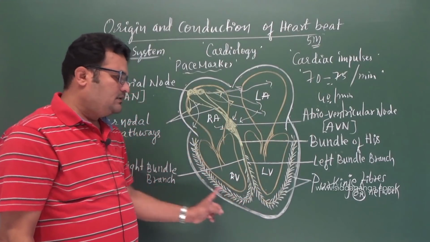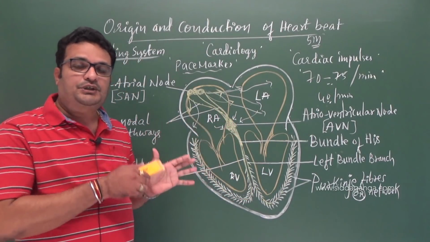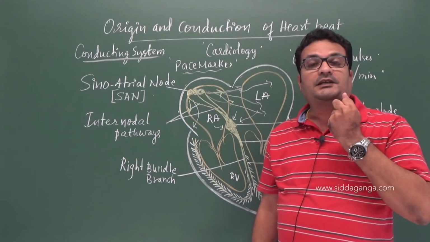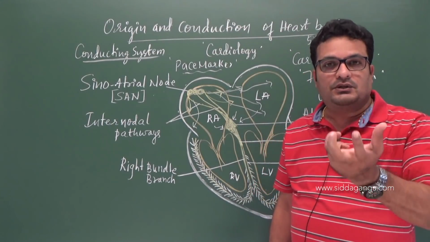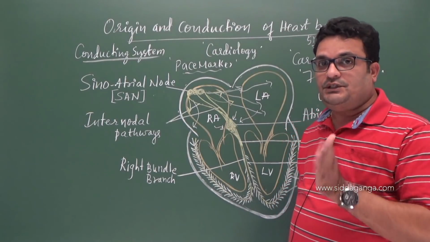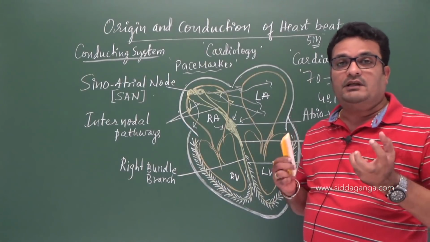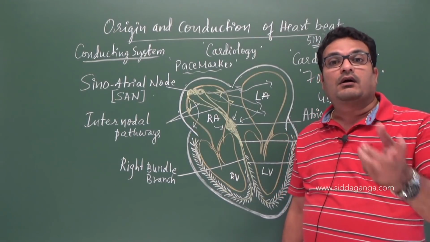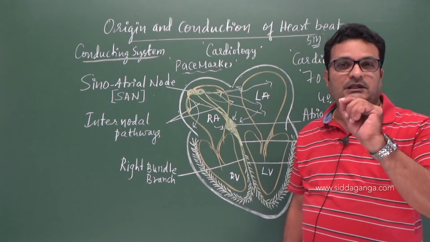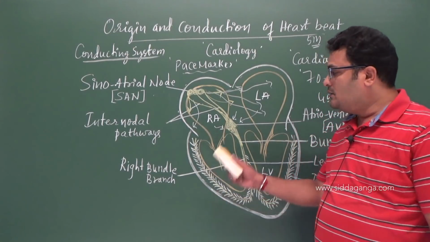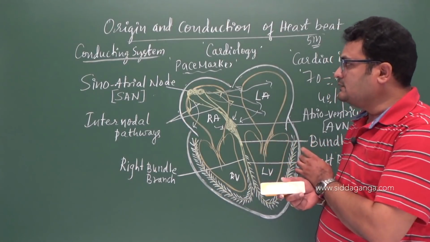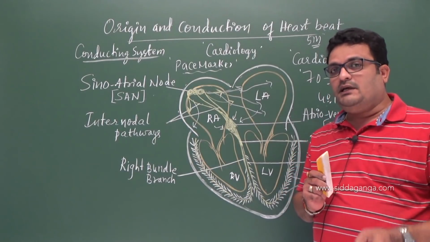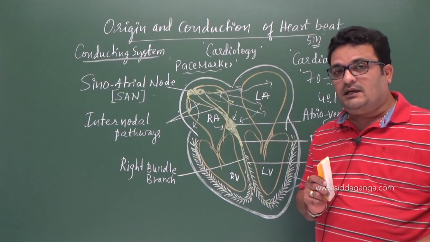The thing you need to remember is the conduction pathway, the conducting system of the heart. It comprises a special musculature, having the characteristic feature of generating impulses needed for contraction of the heart chambers. Please remember this concept. What is the pacemaker? The pacemaker is SAN. Why is it called the pacemaker?